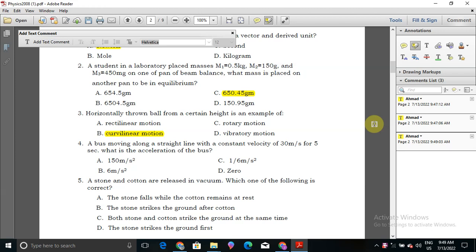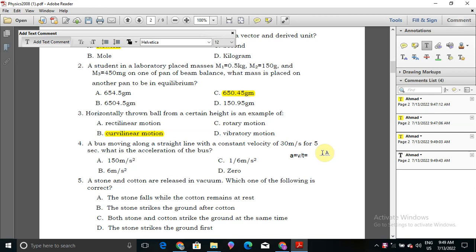First of all, we have the given, which is velocity equal to 30 meters per second. And we have the time, which is 5 seconds. Then we need to find acceleration. We know that the formula for acceleration is A equals V over T. So that means A is equal to what?